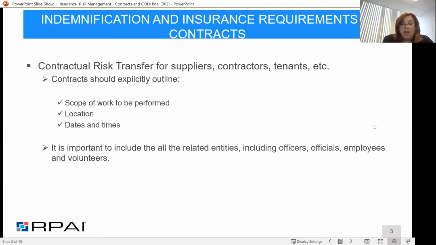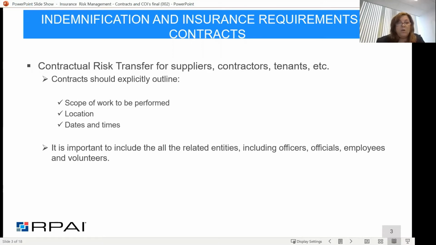Let's take a look at how this happens from a contractual standpoint. Retail Properties of America is a landlord. We own and operate open-air shopping centers and lifestyle centers.